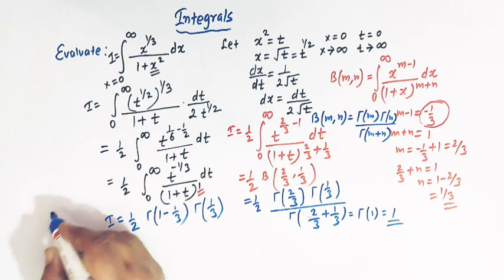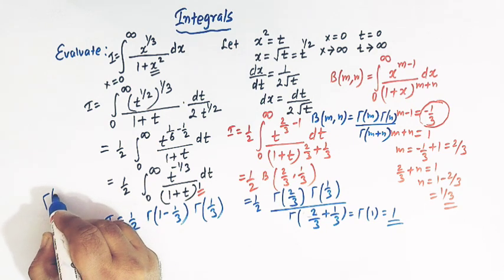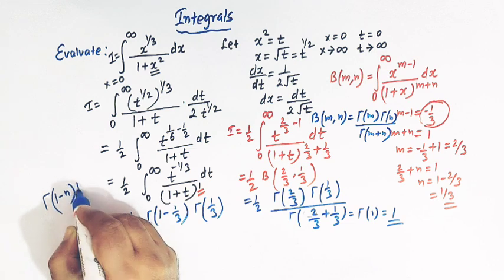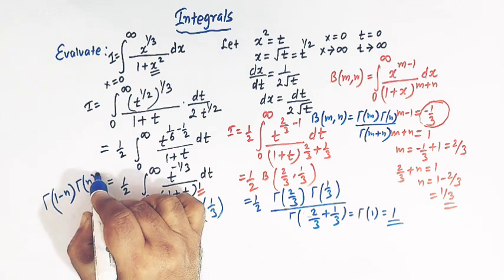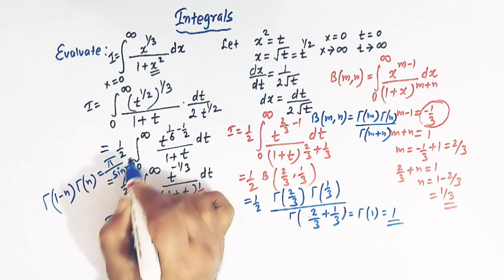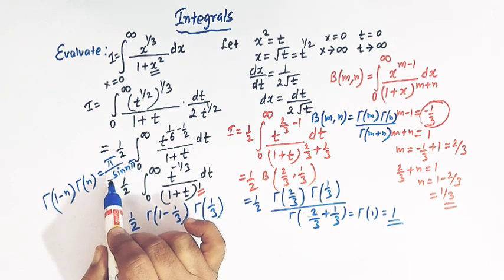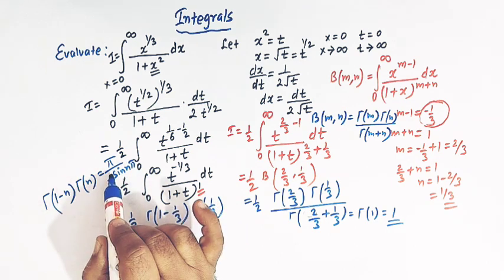So now we know the Euler's reflection formula, that is gamma of 1 minus n, gamma of n is equal to pi divided by sine of n pi, right? So this is the well-known Euler's reflection formula in beta gamma functions.